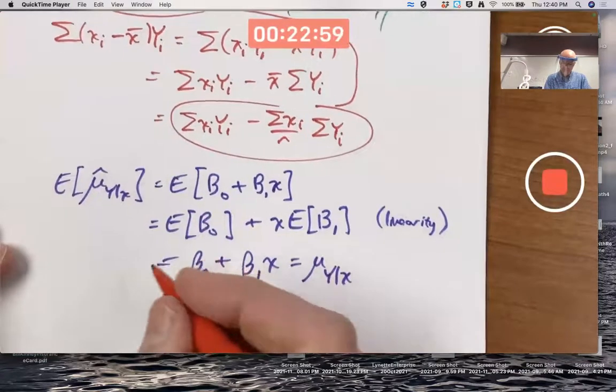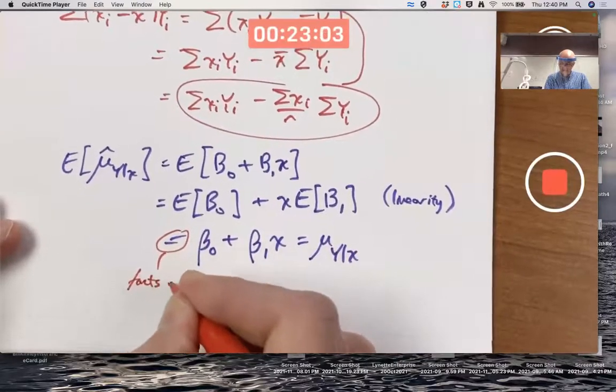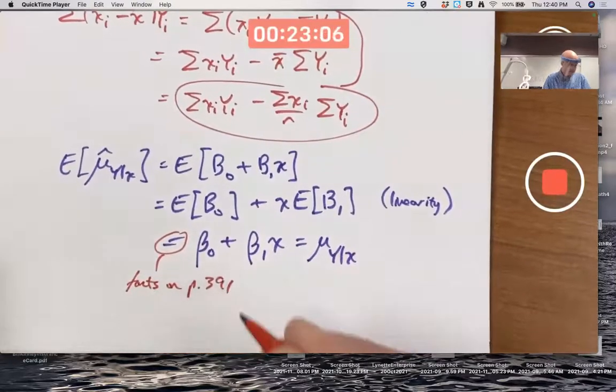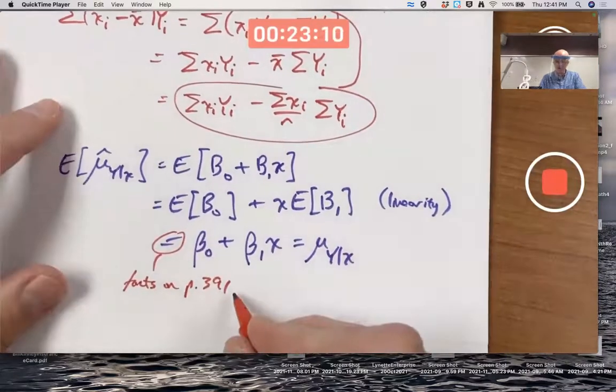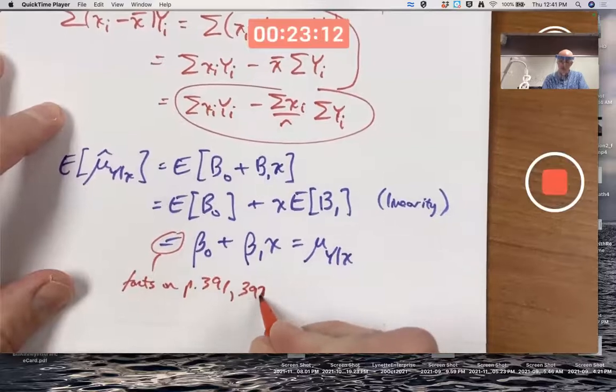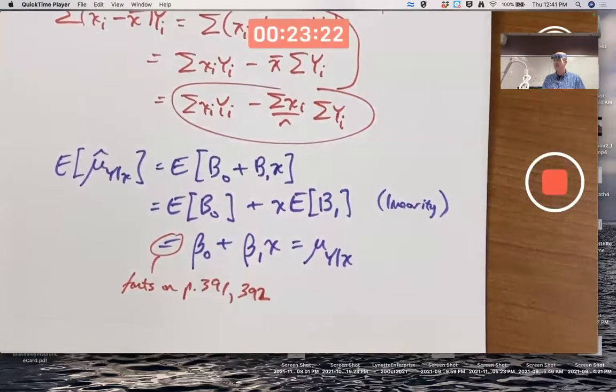It uses facts on page 391, and for B0 it's page 392: the distribution of capital B0 and capital B1 as statistics, normal with certain means and certain variances, and the means are very simple. So it's easy, but you've got to know what you're doing. You've got to know the purpose of everything and the meaning of these symbols.